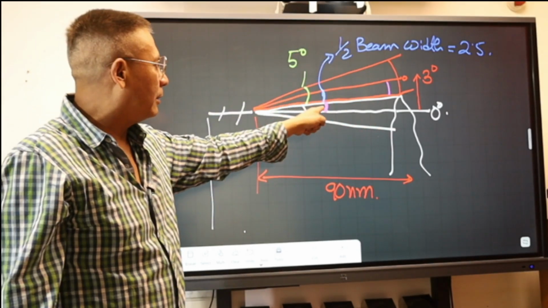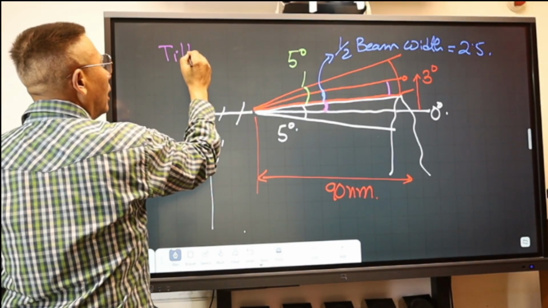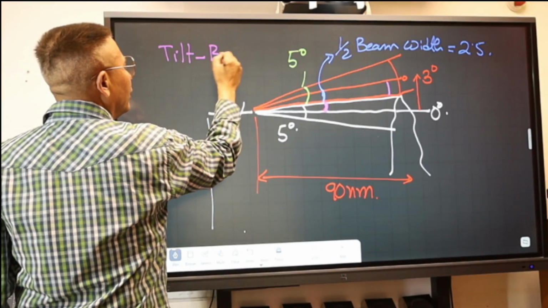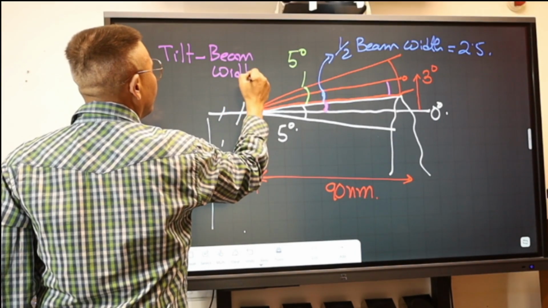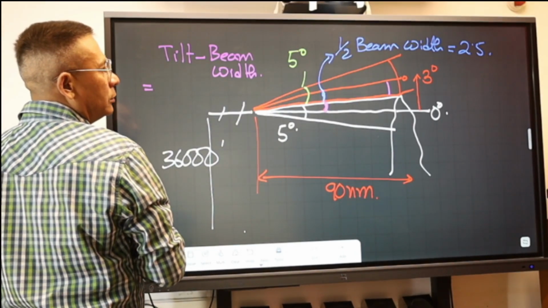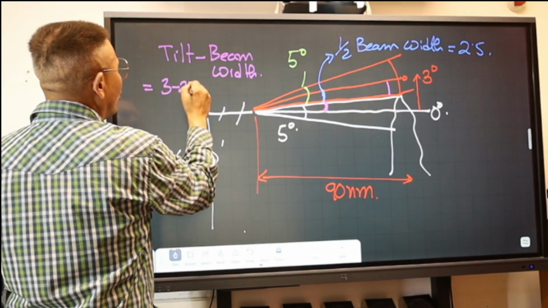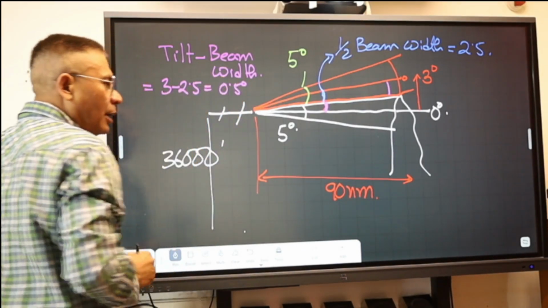So this particular angle will be the tilt angle minus the half beam width, which is equal to 3 minus 2.5, which is 0.5 degrees.